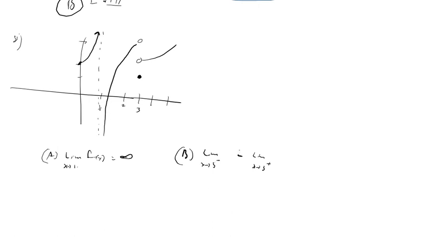That's a less than sign. C says the limit as x approaches 3 of f of x equals 1. And D says the limit as x approaches 0 from the right is equal to the limit as x approaches 3 from the right.